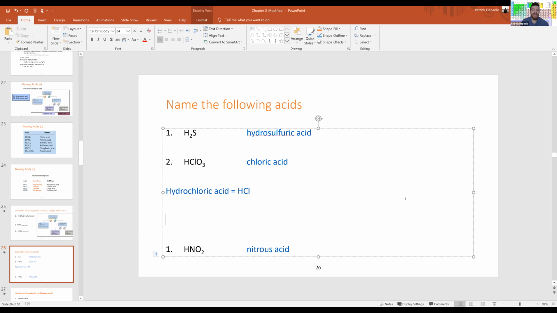As you can see, sulfuric and hydrosulfuric are clearly different. If they didn't have that distinction between the hydro and the not hydro, you would have a problem in naming. They had a choice: they could make hydro on these ones, or they could have had hydro on the other ones. But they chose hydro to be on the ones that do not have oxygen contained in the anion. So it's just the naming preference that they chose. That's a good question.